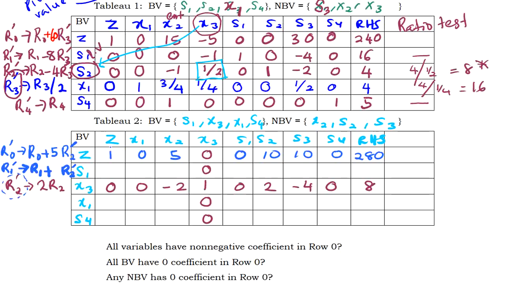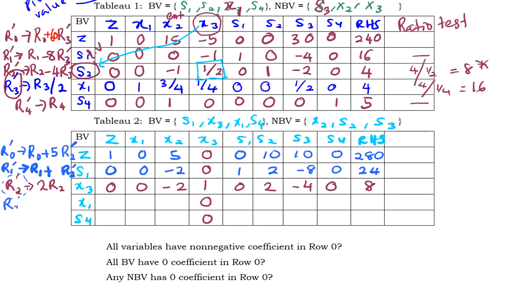Okay, so we obtain a new row for row 1 as 0, 0, negative 2, 0, 1, 2, negative 8, 0, and 24.